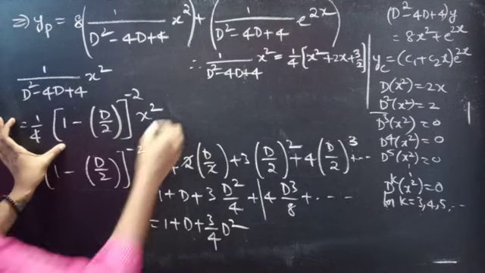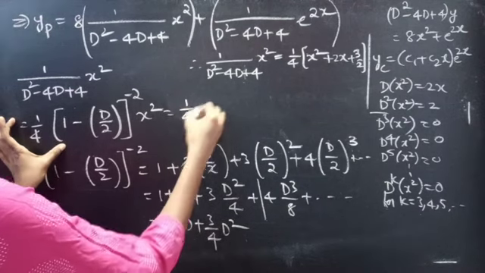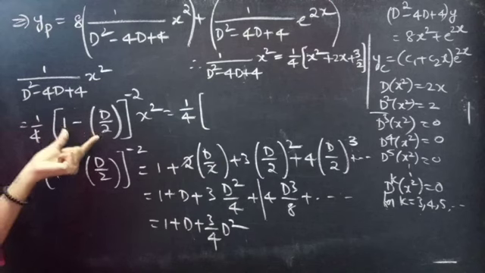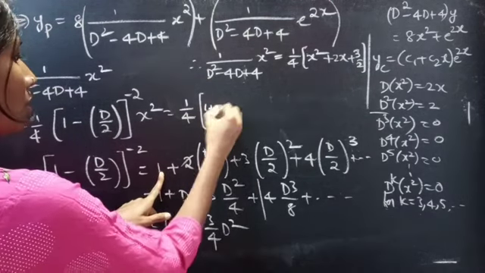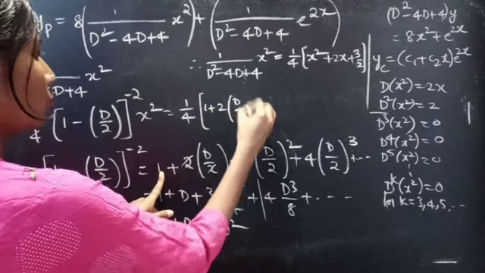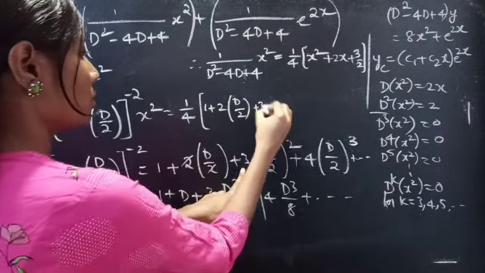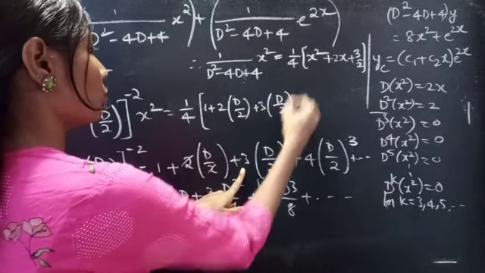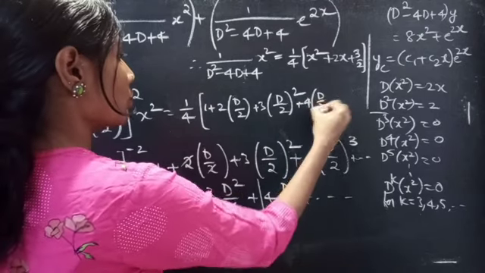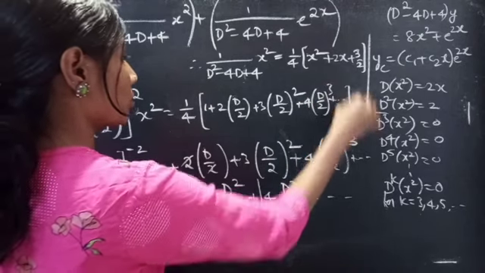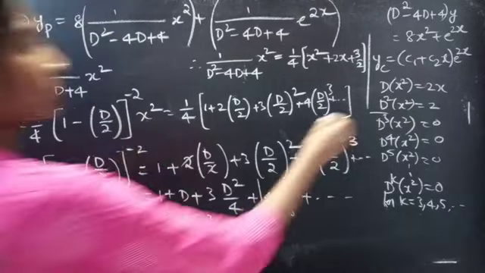Now this becomes 1 by 4 into expansion of 1 minus d by 2 whole power minus 2, which is 1 plus 2 into d by 2 plus 3 into d by 2 whole square plus 4 into d by 2 whole cube plus so on, into x square.